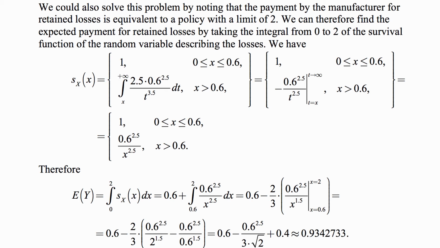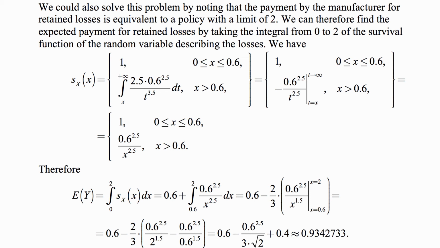And if that's the case, we can find the expected payment for retained losses by taking the integral from 0 to 2 of the survival function of the random variable describing the losses. Well, what is that survival function? It's equal to 1 for x between 0 and 0.6, because losses are not possible in those amounts.